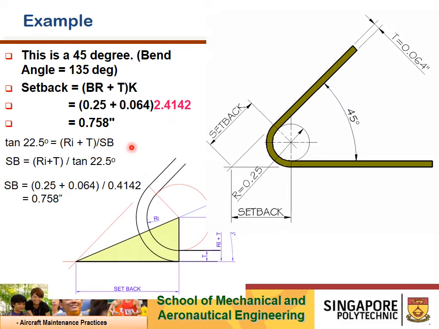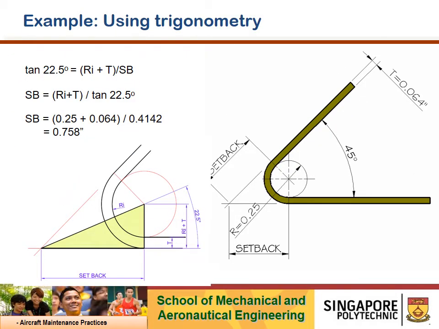Below here is actually using the trigonometric method approach to solve and get the setback. If you punch in all the calculations, you will get 0.758 inch also. I think the next slide is the working, which is much clearer in this case.